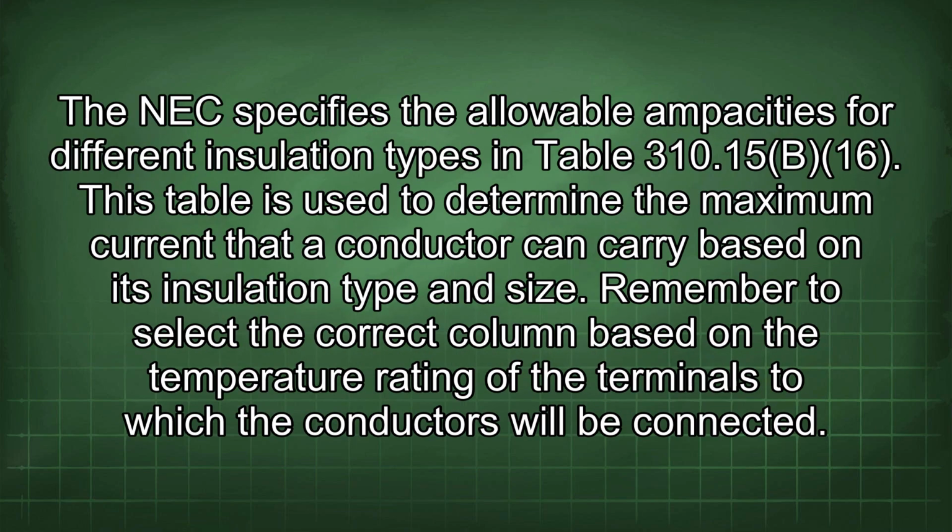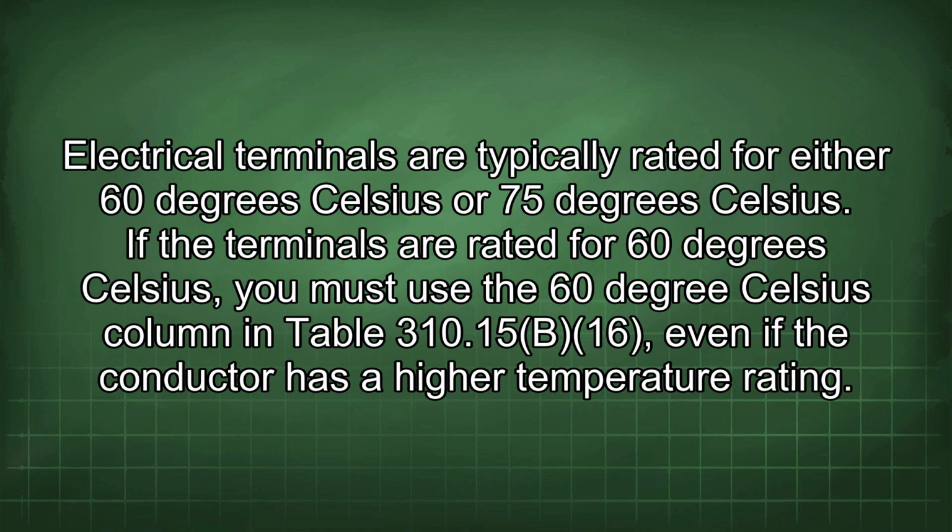The NEC specifies the allowable ampacities for different insulation types in Table 310.15(B)(16). This table is used to determine the maximum current that a conductor can carry based on its insulation type and size. Remember to select the correct column based on the temperature rating of the terminals to which the conductors will be connected. Electrical terminals are typically rated for either 60 degrees Celsius or 75 degrees Celsius.